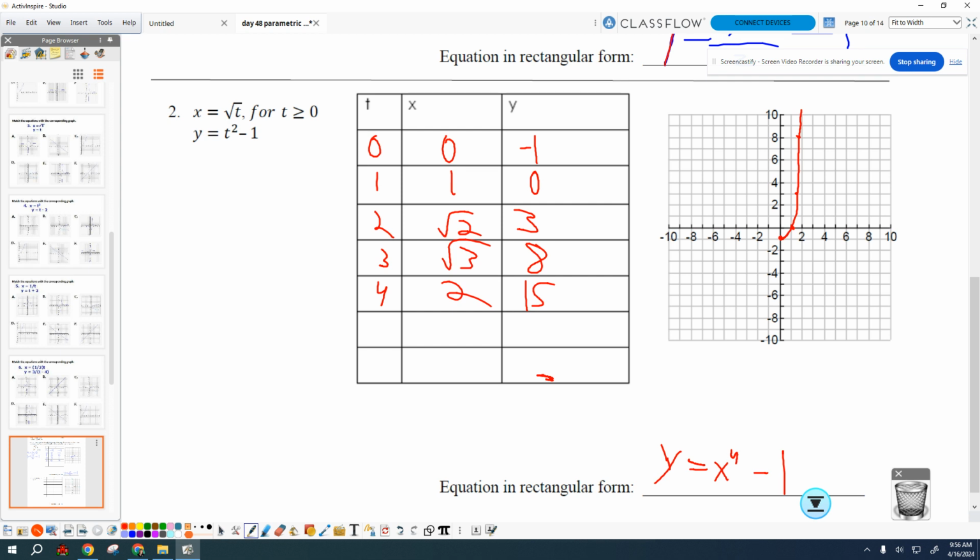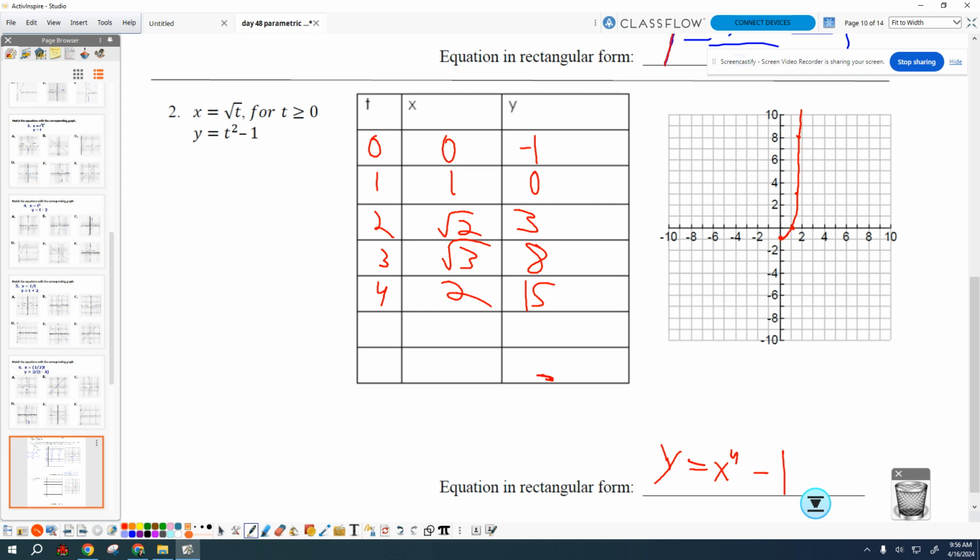Okay, guys, what do we think about number 2? For time t greater than or equal to 0, can we do square root of 0? Yeah, it's 0. What times itself is 0? 0 times 0 is 0, so yeah, we can do the square root of 0. We went off the graph a little bit, but I will try to make sure it fits tomorrow.